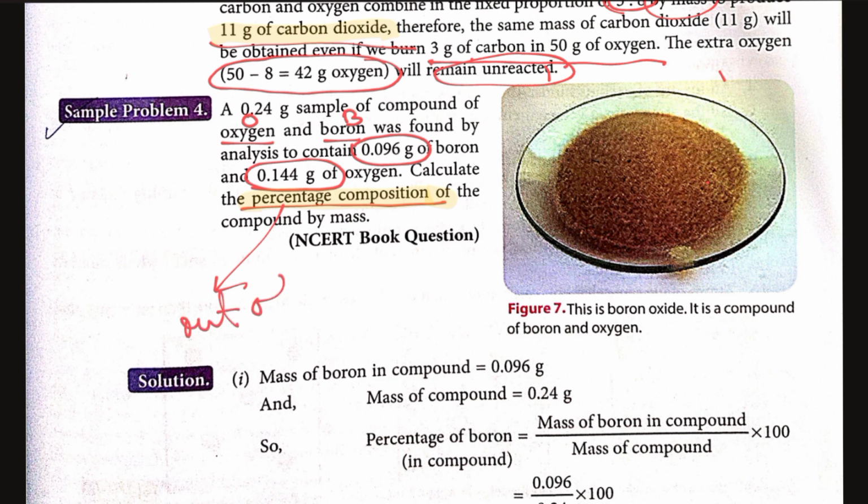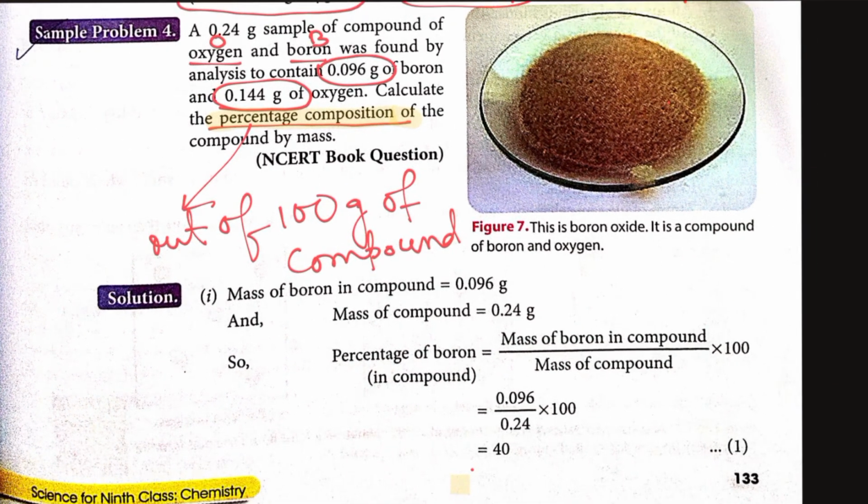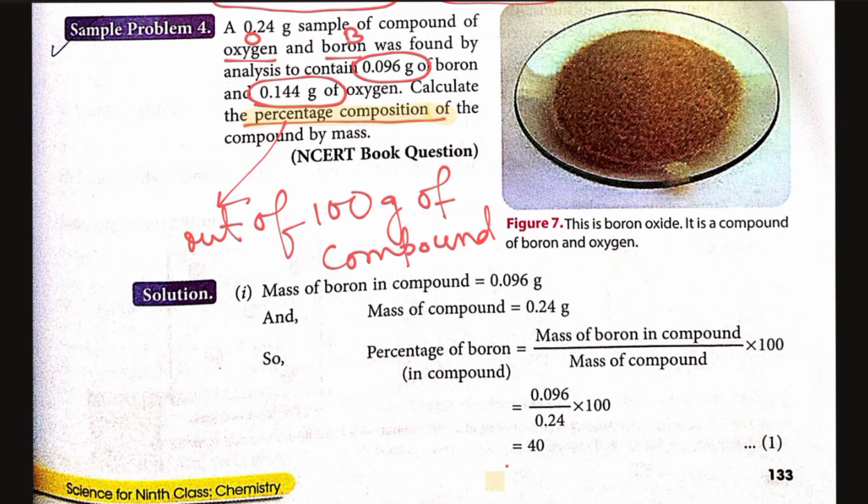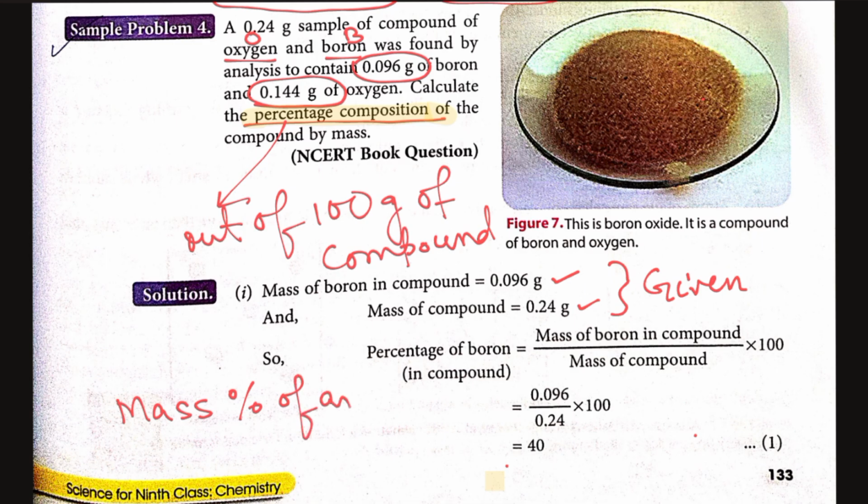So out of 100 gram of the compound, how many gram of oxygen and how many gram of boron is present? So for that, what you have to do? See, mass of boron in compound is supplied. This is given. Mass of the compound is also given. So if you have to find the percentage of boron, this is mass percent, because by mass, you know, mass percent of an element, what does it mean?